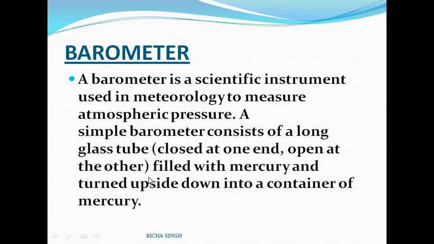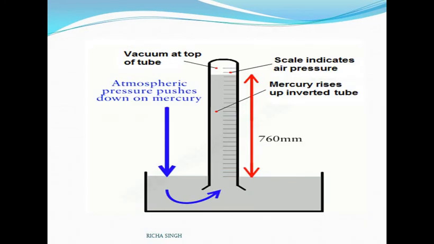Now we come to the barometer. A barometer is a device to measure atmospheric pressure. It consists of a long glass tube with mercury in it. You can see here, it is vacuum at the top, mercury is there, and mercury rises up. Whatever the level of mercury on this scale is, it will tell you the pressure.